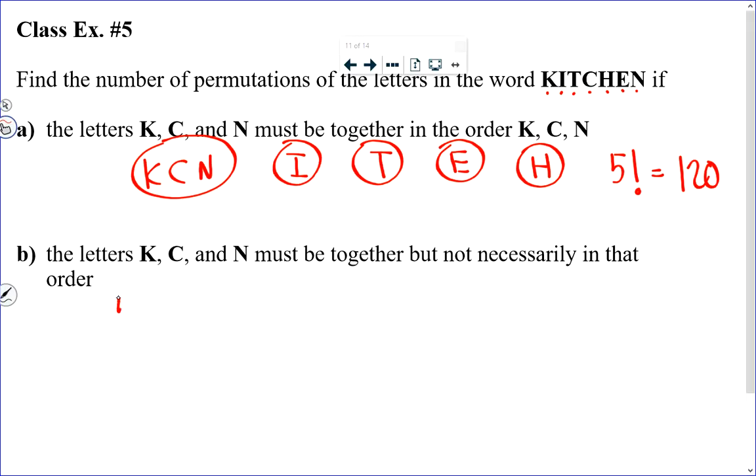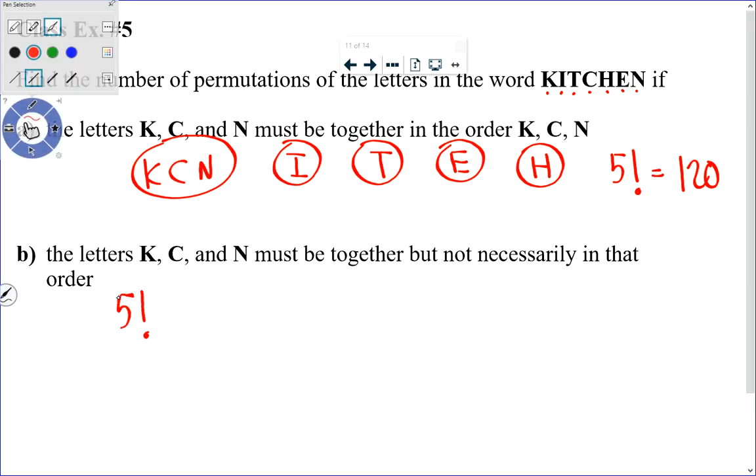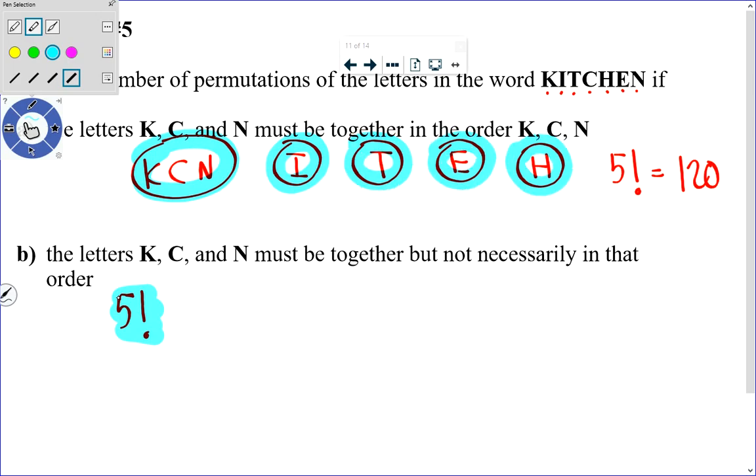Well, then it's going to be 5 factorial to arrange these 5 items, and 3 factorial to arrange these 3 items within that single item.